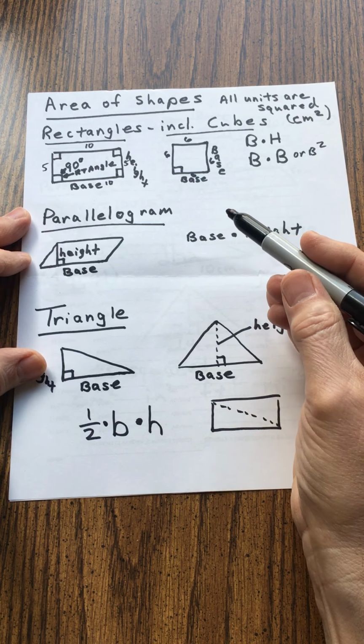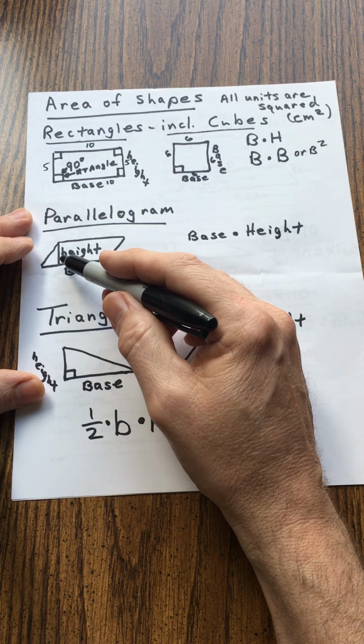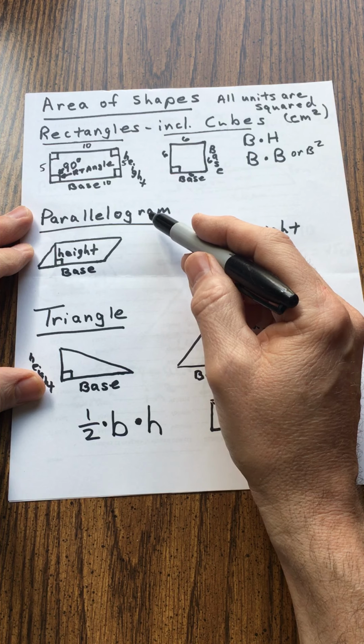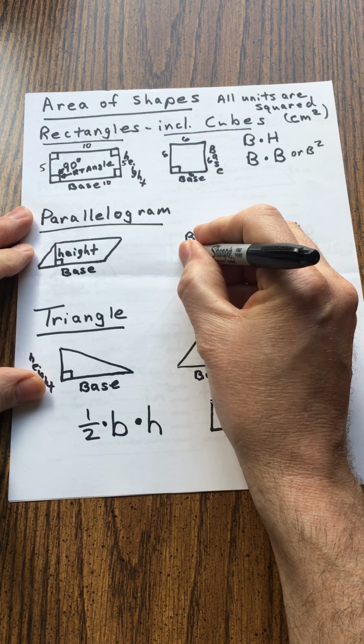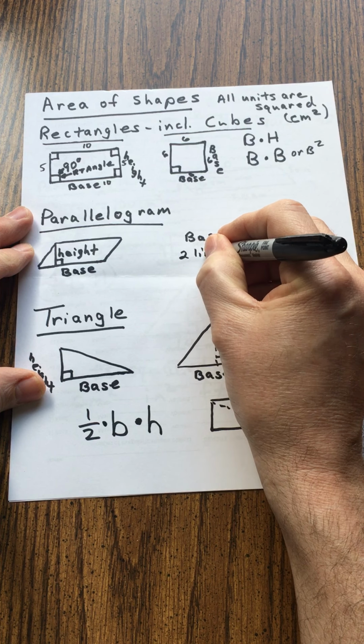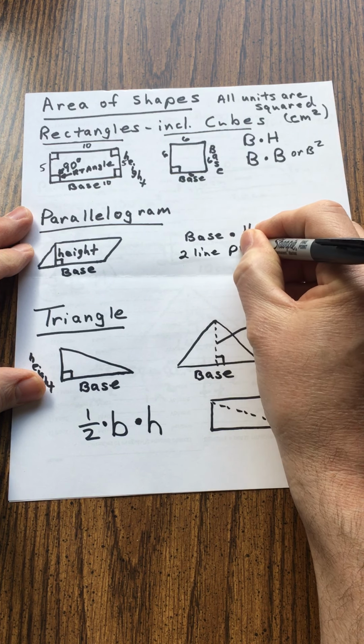A very similar shape, a quadrilateral because it has 4 sides, is our parallelogram. A parallelogram has to have 2 lines which are a pair that are parallel.